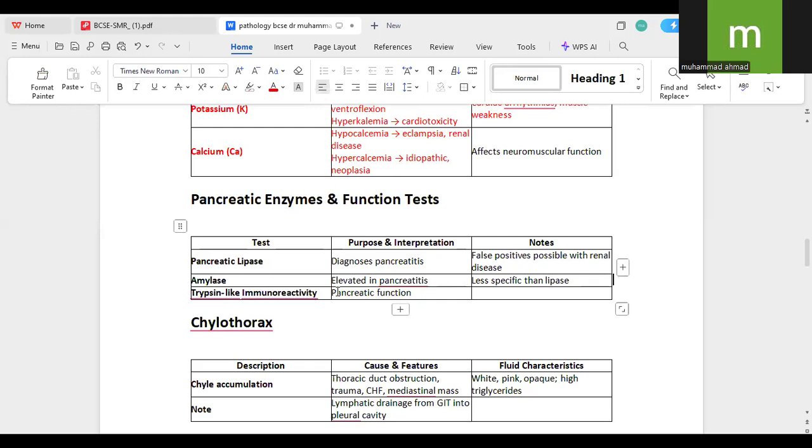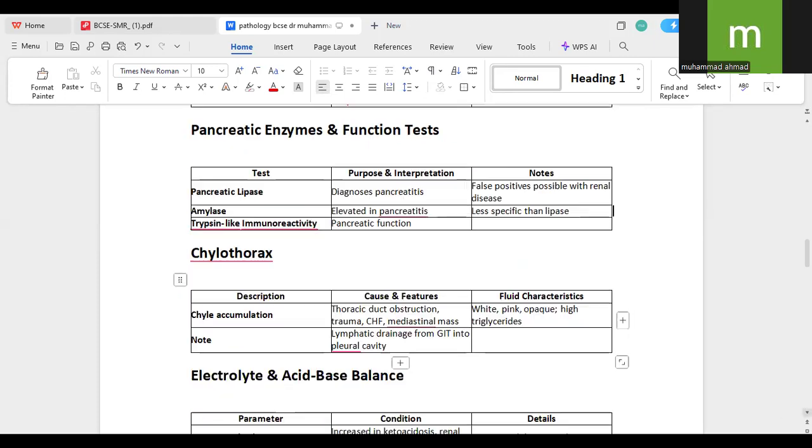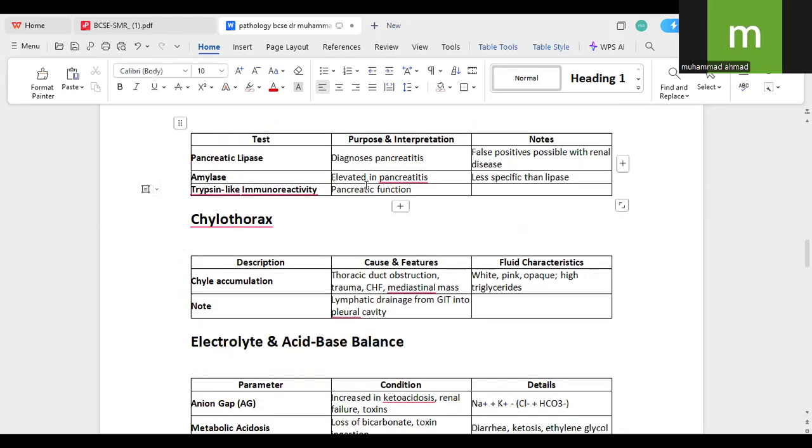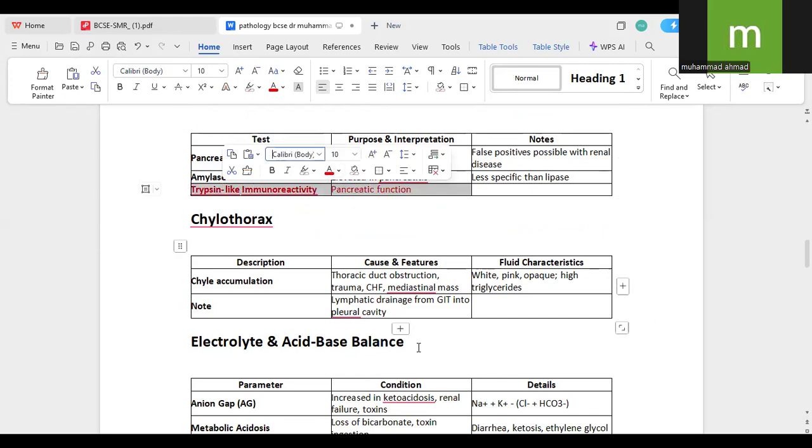Amylase and pancreatic lipase should be the second option, but the first option should be the trypsin-like immunoreactivity. Amylase is elevated in pancreatitis, less specific than lipase. First go for trypsin, then lipase, and then amylase. This is important: in pancreatitis, we should go for the trypsin-like immunoreactivity.